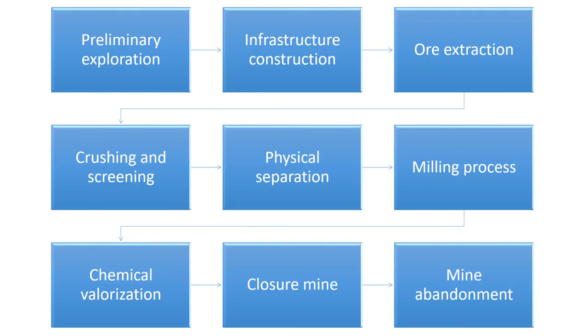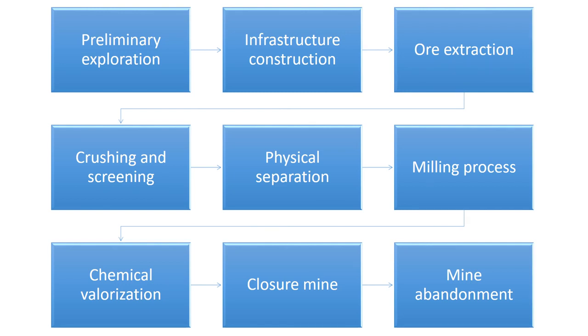Generally, any type of ore extraction method follows the same steps and phases. We have, in the first place, preliminary exploration. In the second place, we have infrastructure construction, including ground handling, material handling and pipeline. In the third place, we have ore extraction, then crushing and screening, which involve the reduction of the particle size in the ore body after extraction, followed by physical separation like magnetic separation or gravity concentration, followed by the milling process, known also as fine grinding or pulverizing.